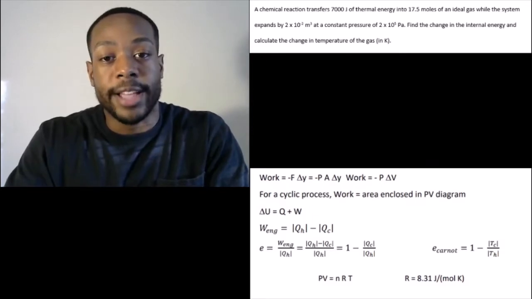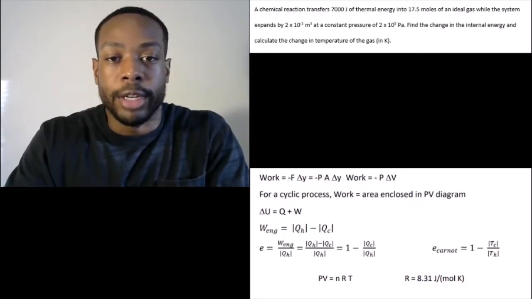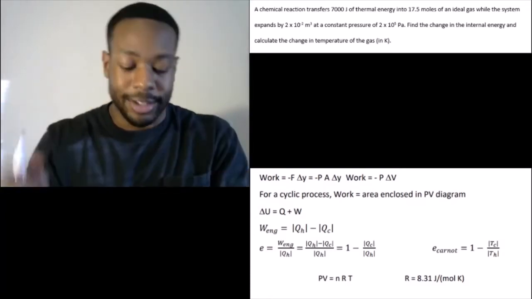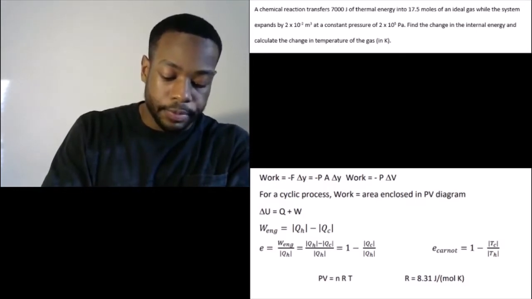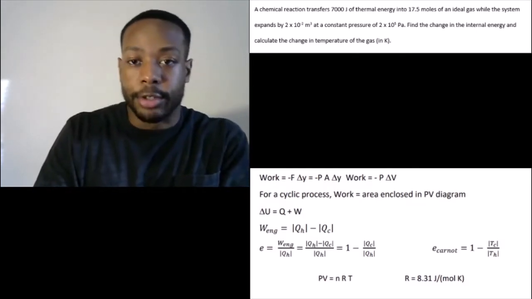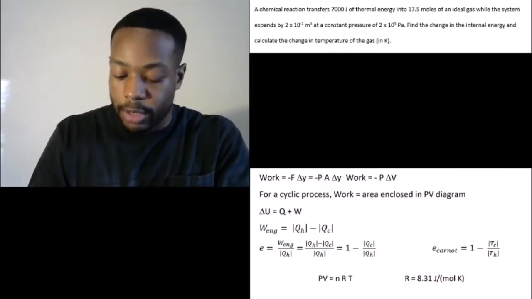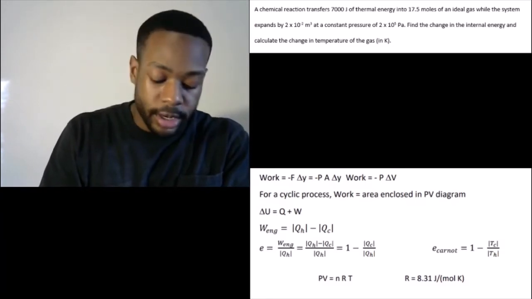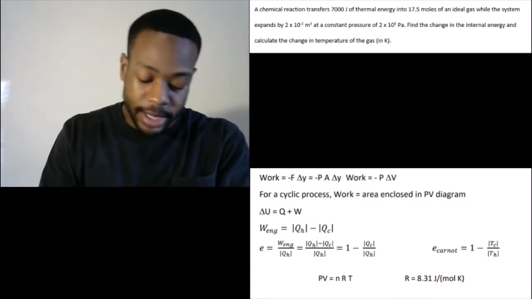While the system expands by 2 times 10 to the negative 2 cubic meters, so we've got this gas expanding, so think about that. What variable is that going to be? We've got constant pressure, which is another hint, of 2 times 10 to the 5 pascals.